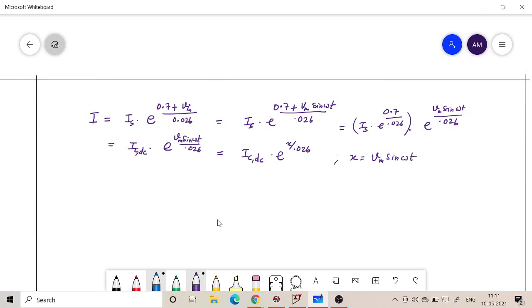So what is the expansion of this term? It is ICDC into 1 plus x by 1 factorial plus x square by 2 factorial plus etc.